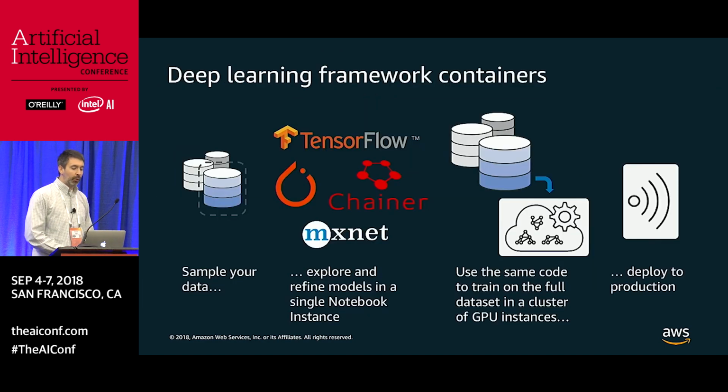So when we think about the frameworks, the main goal here was this. We know customers are trying to develop their own algorithms and build their own neural networks within these deep learning frameworks, TensorFlow, PyTorch, Chainer, MXNet. And so what we've done is we've pre-built containers for each of those deep learning frameworks. And then the goal is you can prototype your code as you normally would, write it like you do in your Jupyter Notebook or your EC2 instance, whatever works best for you.